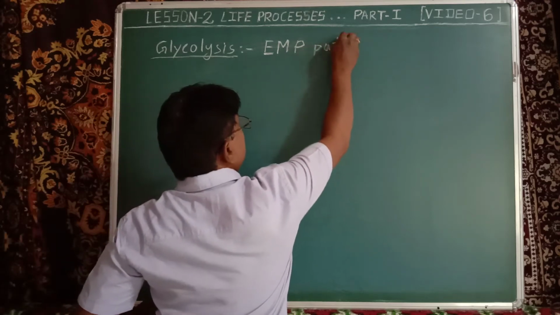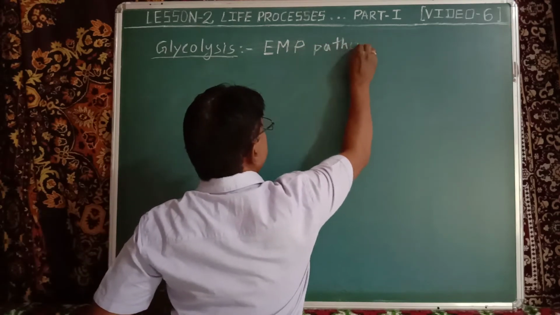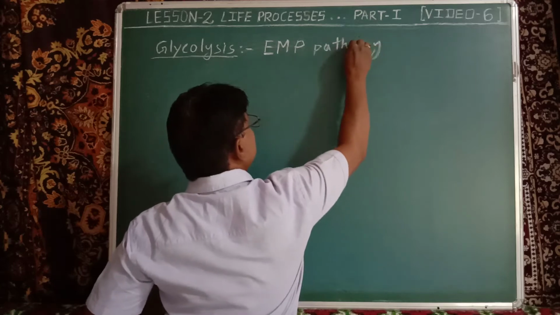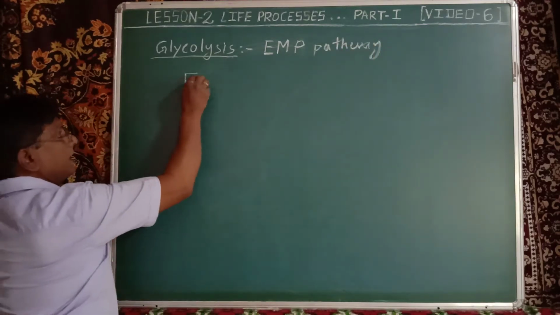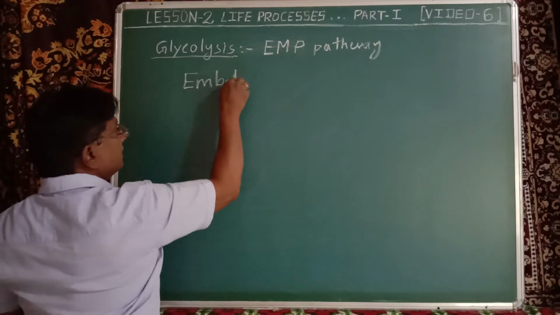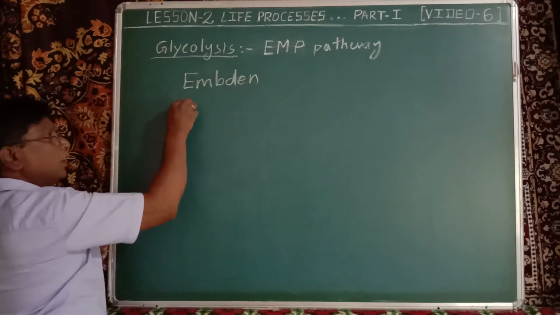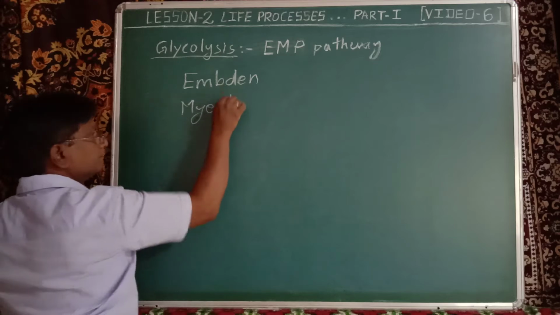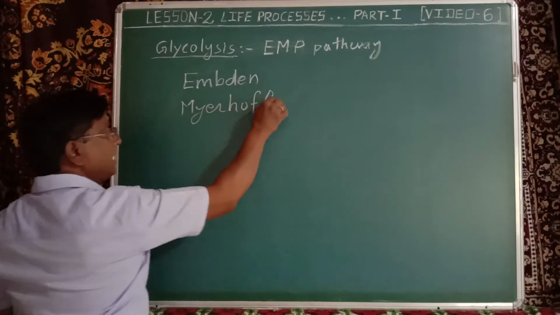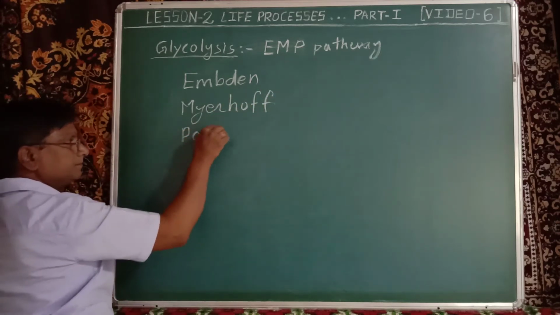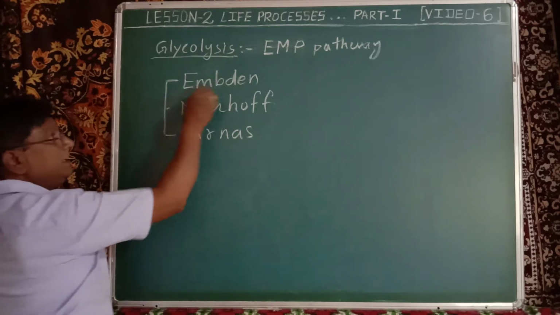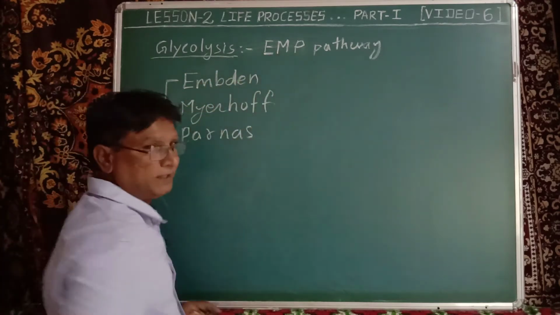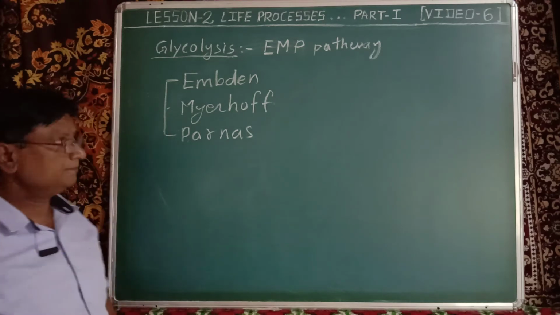This is named after 3 scientists, that is Embden, Meyerhof and Parnas. Hence it is also called the EMP pathway. It was discovered by them.